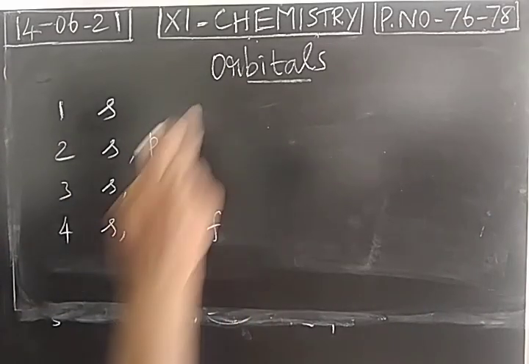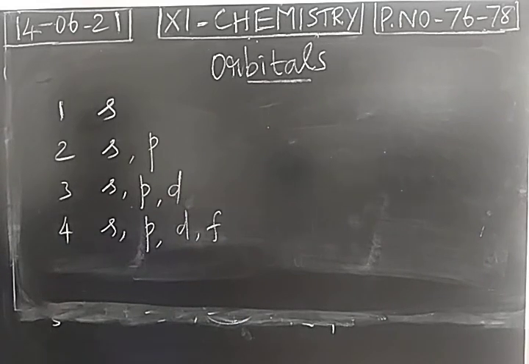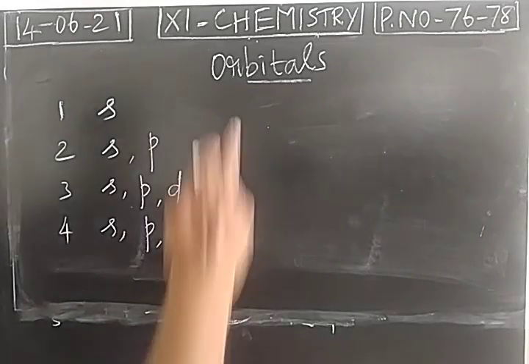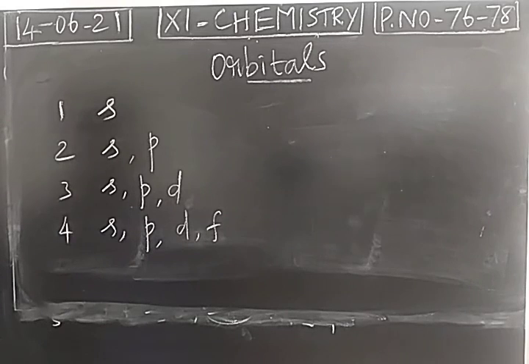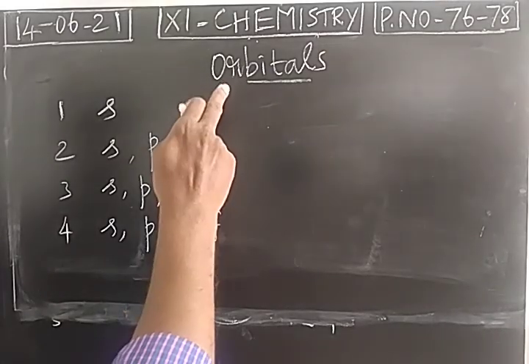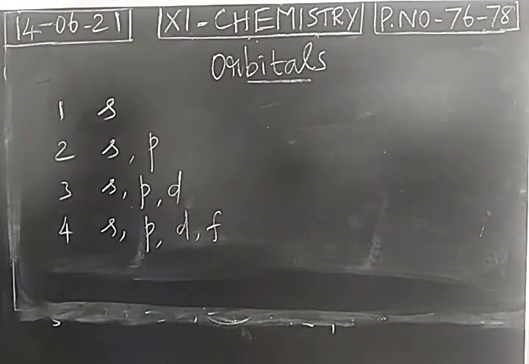So a three-dimensional region where the probability of finding the electron is maximum is called an orbital. One more definition: a three-dimensional region where an electron spends most of its time. So the place at which an electron is present in the shell is called an orbital. Four types of orbitals are present, s, p, d, f.